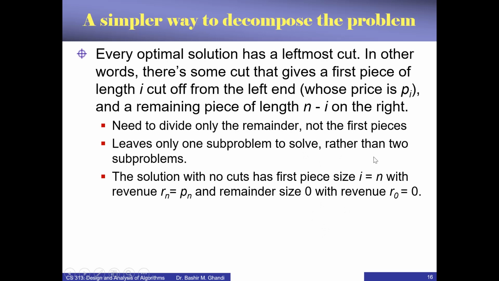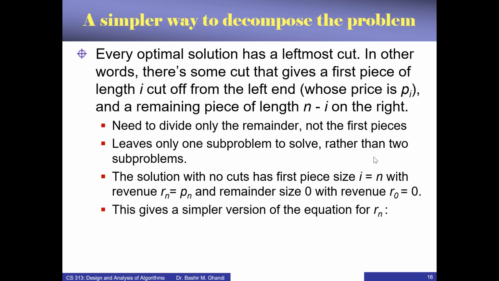So with this idea, we can recharacterize our solution to this form. Rn will simply be the maximum of Pi plus R n minus i for i from 1 to n. Because the idea is the first part is not going to be cut anymore.